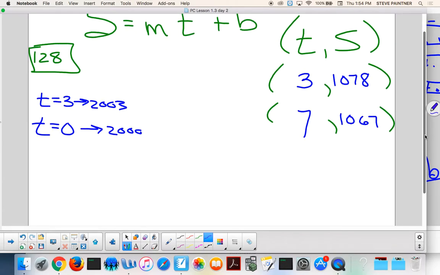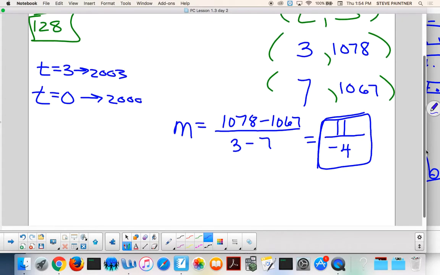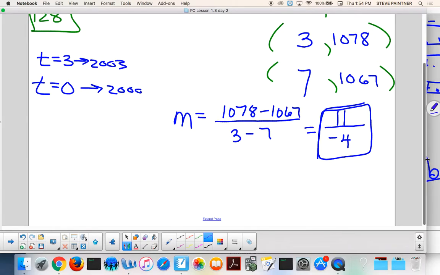Go find the slope. Okay? Did you get that or not?